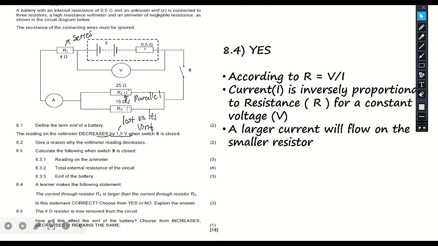For a constant voltage, it is very important to always mention that that will be true if the voltage is kept constant. Now we know that a larger current will flow on the smaller resistor due to this relationship here. So the one with the smaller resistance will have a larger current, which makes our statement true, right? So our statement is correct.